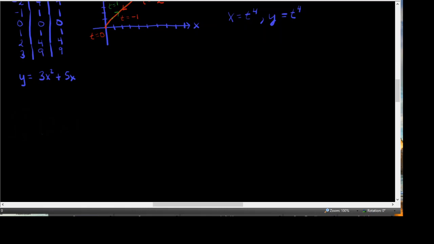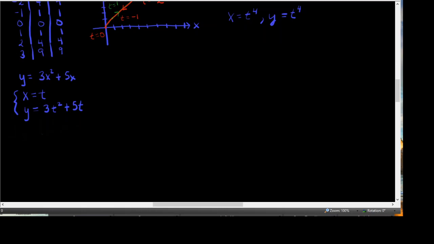There are lots of complicated things you could do, but the simplest is to let x be equal to t and let y be itself, but with every x replaced by a t. So y equals 3t squared plus 5t. This set of parametric equations is equivalent to the function y equals 3x squared plus 5x. So that's a pretty easy substitution to make.